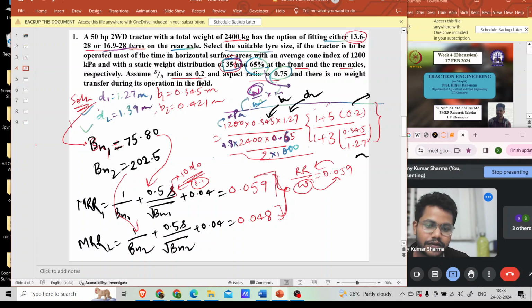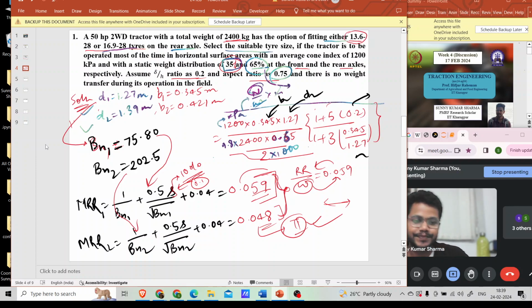So the more the motion resistance ratio, the more the rolling resistance. It is 5.9% versus 4.8%. So yes, we are correct. The problem is clear, right?